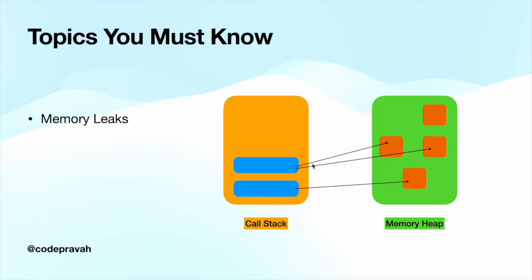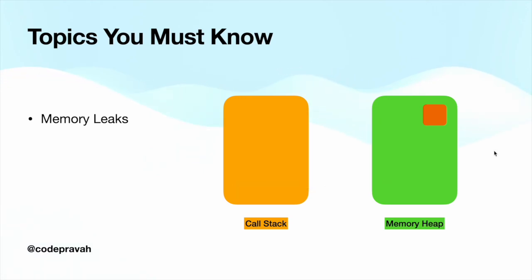The second function, which is holding two memory parts, will again release these two memory parts. The last function will again release whatever it is holding. But we can see there is one block left which does not have any reference. It might be a global variable which does not have a reference anywhere, but it exists in the program. So that's where our memory leaks arise.